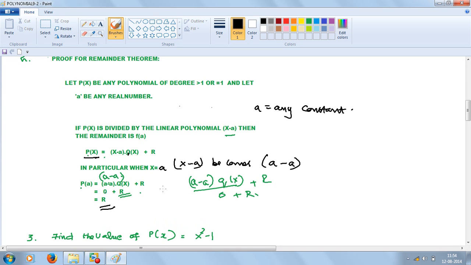What is the remainder? f of a. So when x is replaced by a in the polynomial, we get the remainder. That is all. So p of a gives the remainder r.